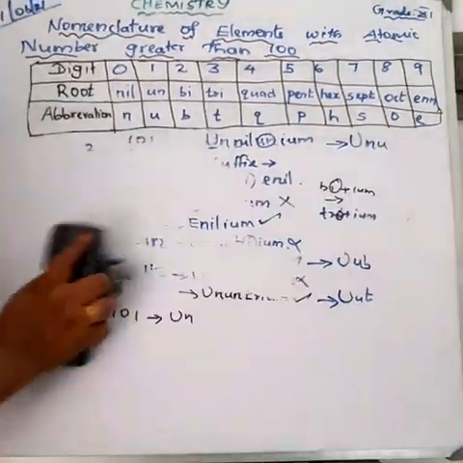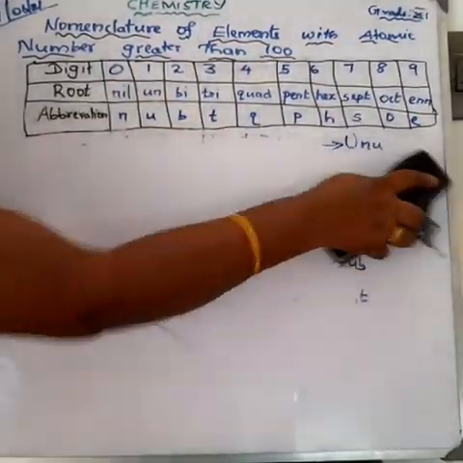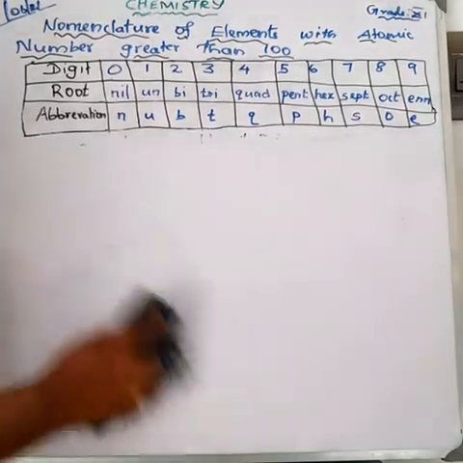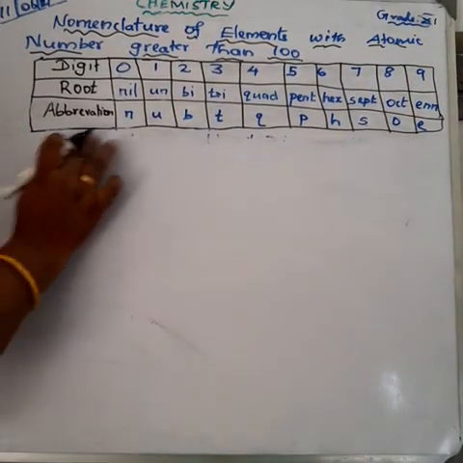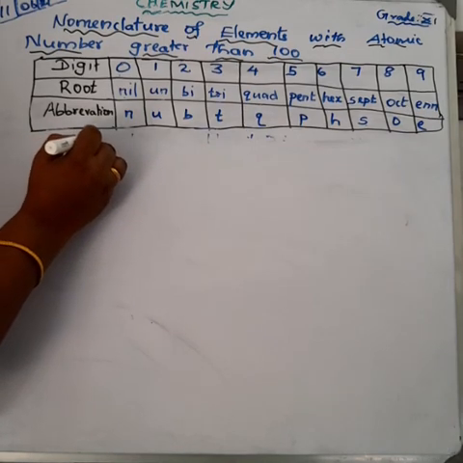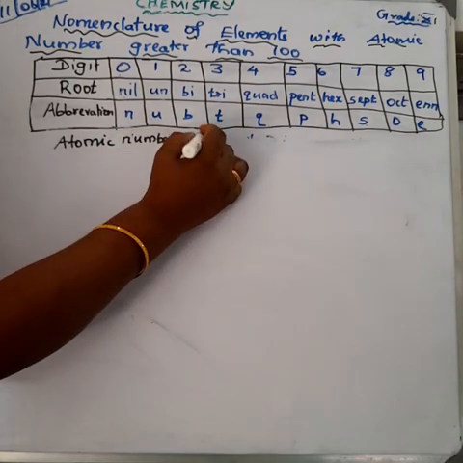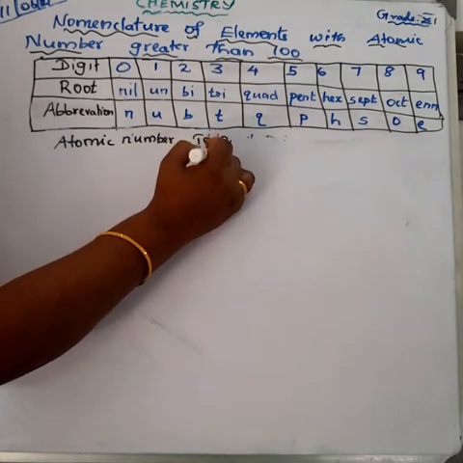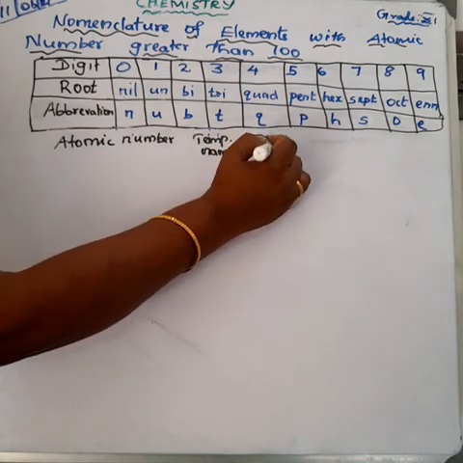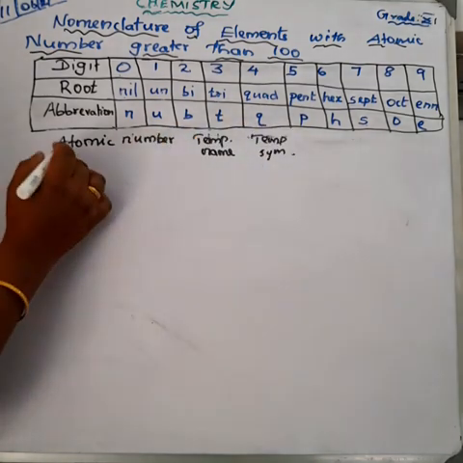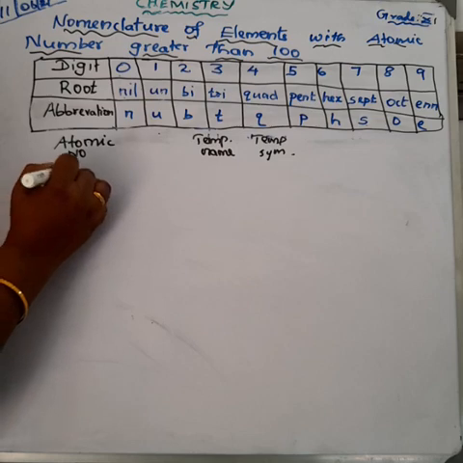Understood? Okay, for example, the atomic numbers 101 to 118 are given in your book, with the temporary name, temporary symbol, and the name and symbol of that element. Okay, I can tell you now. For the atomic number 101, what is the temporary name?